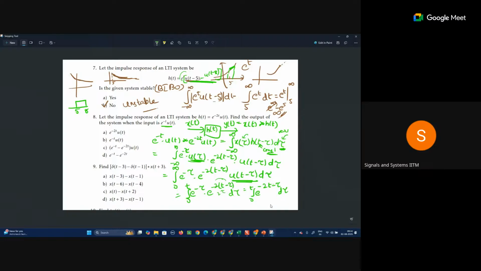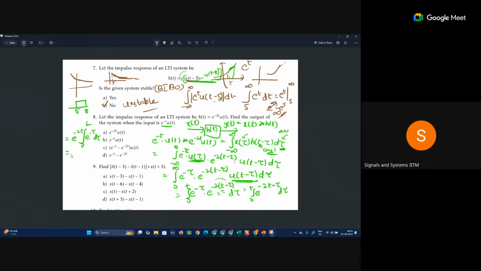After computing this integration, since I have told you t is a constant, we take e power minus 2t outside, integral e power minus tau d tau.